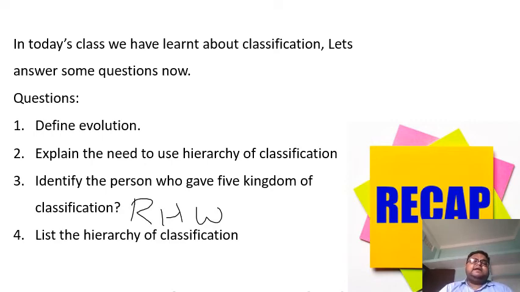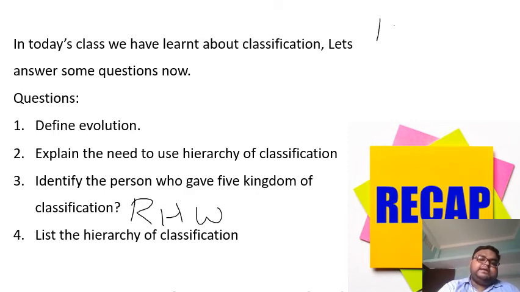Now, can you list the hierarchy of classification, students? The hierarchy goes as: first there will be division, and after that kingdom, then phylum, then class, then order, then family, then genus, and then species.